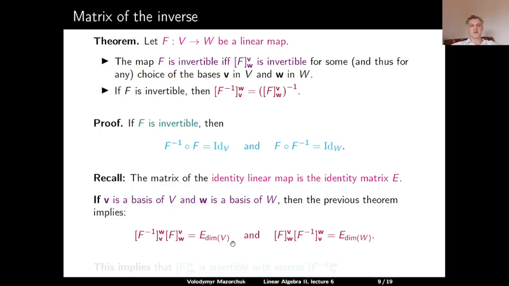The sizes of these identity matrices correspond to the dimensions of the original spaces. And this is exactly the definition that the matrix of f is invertible and the matrix of f inverse is its inverse. So this proves a part of the first claim and completely the second claim of our theorem.